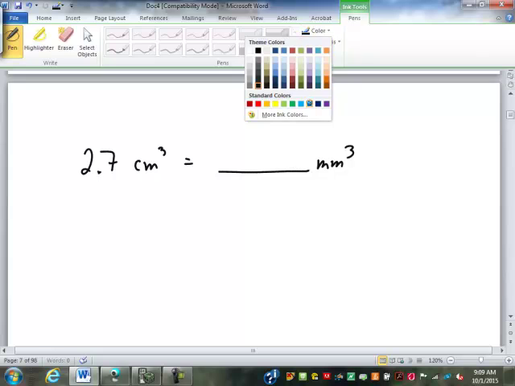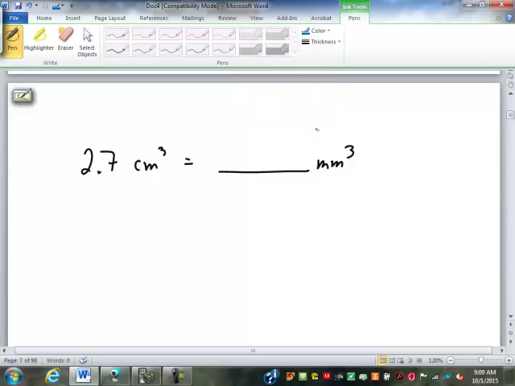It is not. What's it going to be? Centimeters to millimeters is 1 spot to the right. So it's got to move 3 spots because it's cubed. 1, 2, 3. That's going to be 2,700 millimeters cubed. Yeah, you love the 27, right? Oh, you won't do that? Okay, good.